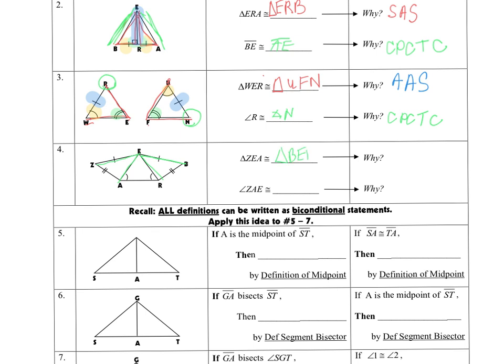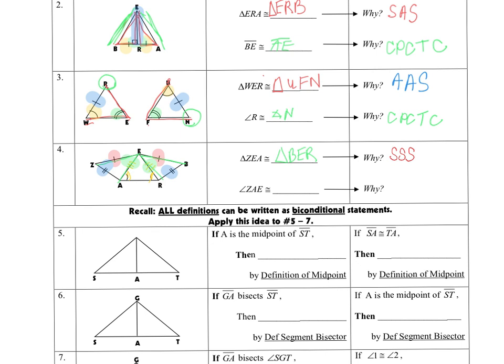And I have to know something about these angles right here, those two base angles that are congruent, then what I know is that this side must be congruent to this side. And then what happens is that I have a side, I have another side, and I have a third side. And so therefore those two triangles are congruent by side, side, side.